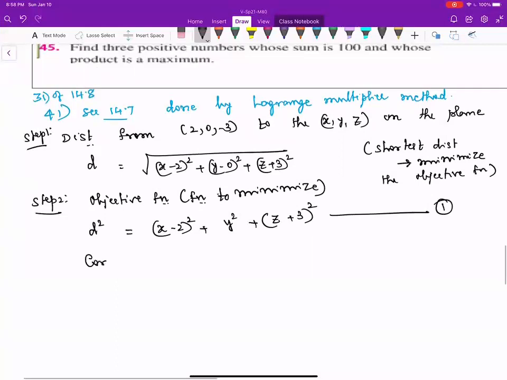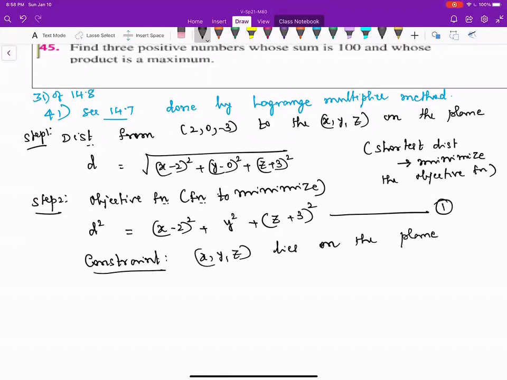Then what is the constraint? The constraint is that the point (x, y, z) must lie on the plane x + y + z = 1.